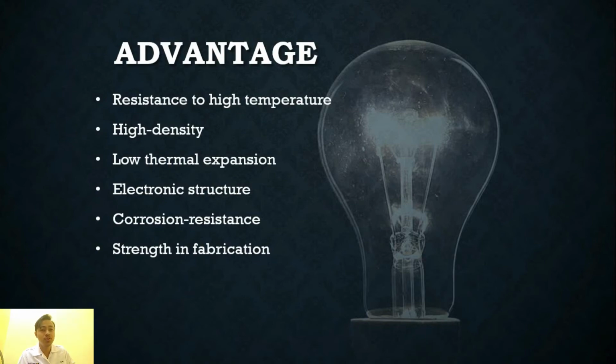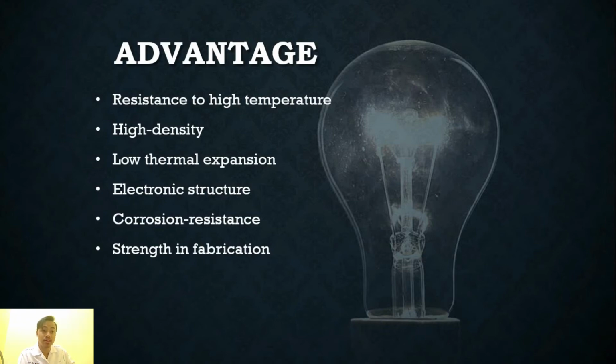And you cannot forge a sword or a weapon out of tungsten because it needs really, really high temperature. And for your information, tungsten is a strong and hard metal, but it is also brittle.